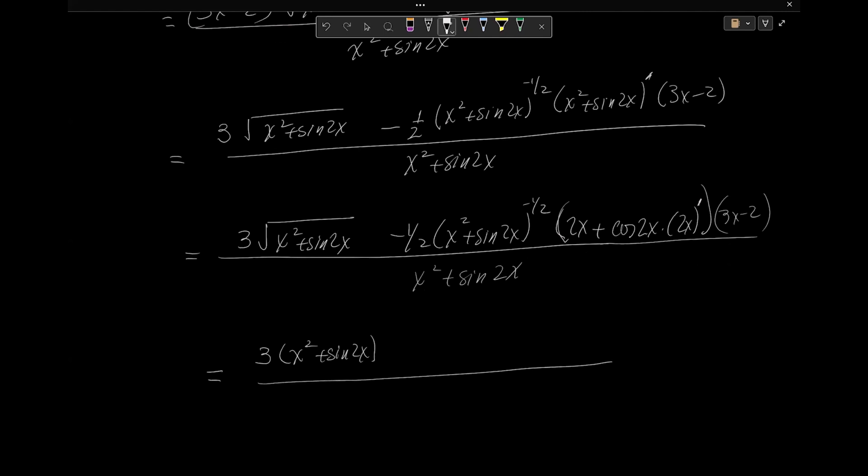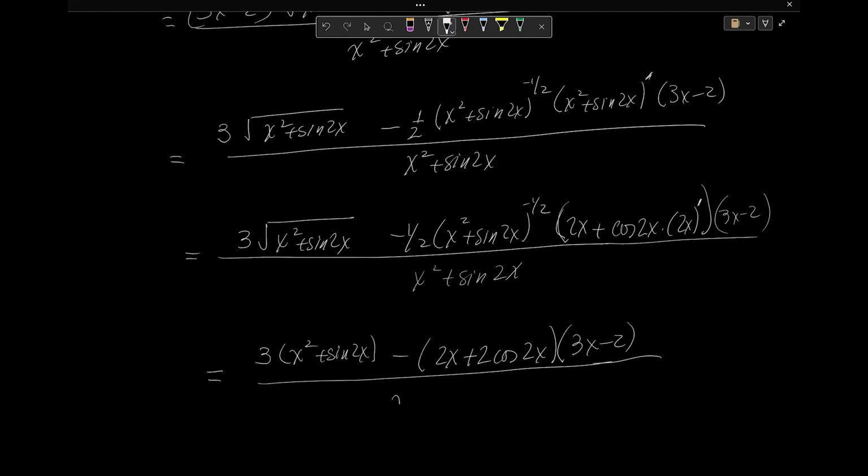And here I'm left with 2x cosine 2x times the derivative of 2x, which is 2. So it's minus 4. No, not yet. Keep it like this. And we have 3x minus 2.